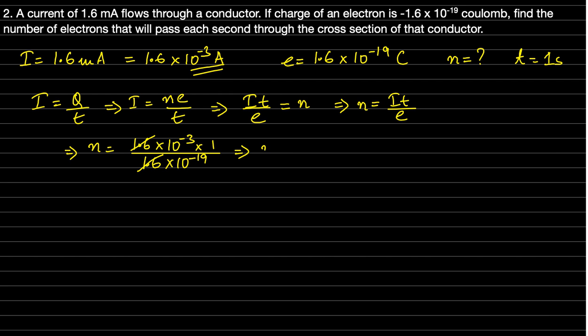So we get N is equal to 10 to the power of minus 3 into 10 to the power of plus 19. I'm not writing 1 here because any number multiplied by 1 is the same number, so this will be plus 19 actually.